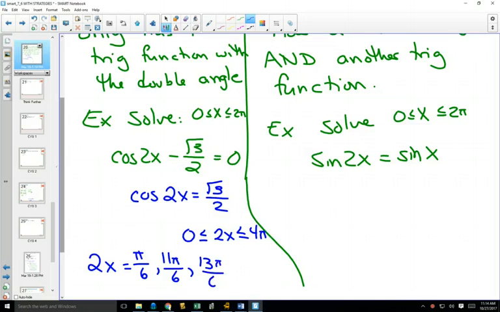now how do we find 13 pi over 6? Well, from here to here, we're adding 2 pi, and 2 pi is equal to 12 pi over 6. So we're adding 12 pi over 6 to this one. Same thing with the 11 pi over 6. If I add 12 pi over 6 to that one, I'll get to 23 pi over 6.